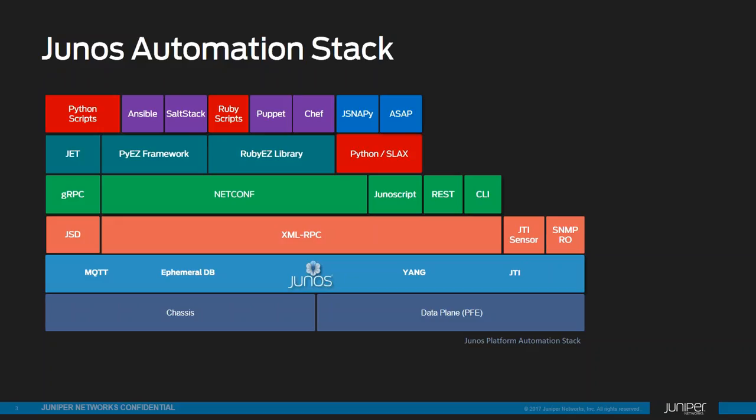All the guts of how Junos works actually resides in something called MGD, our management daemon, and both the green layer and that red layer there, that's everything that MGD brings for us. We can build on top of that because we use standard protocols and interfaces to build technologies on top of it, things like our PyEZ framework, which in turn we use to build our SaltStack modules.